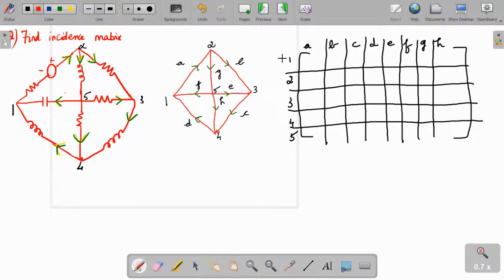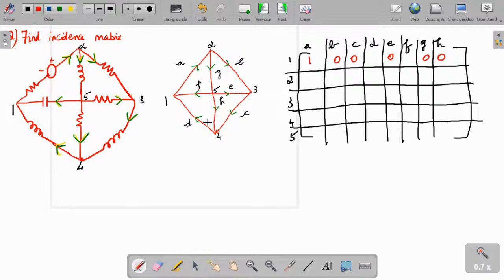The branches linked to node 1 are only A, F and D. So the remaining are all 0, except A, F and D. Okay, so what about A? A is leaving the node, so it is +1.